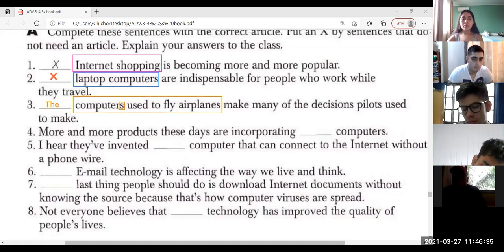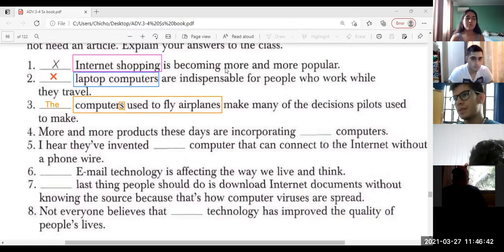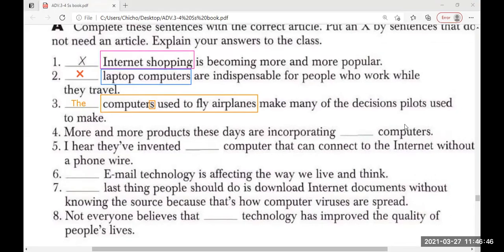Sergio, please. More and more products these days are incorporating a computer. A computer? Yes. Why? Oh no, sorry. No.